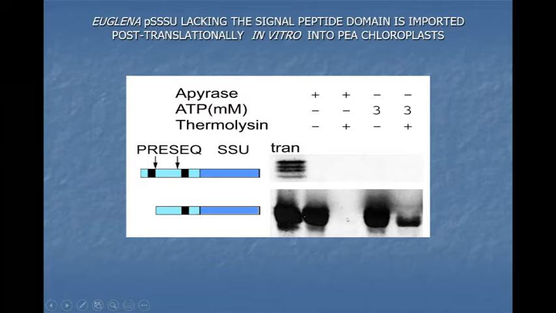It has not been transported into the pea chloroplast. However, if we add ATP, which is required for higher plant precursor transport, we find a thermolysin insensitive fraction. So this can mediate import into higher plant chloroplasts post-translationally, but not into Euglena chloroplast.